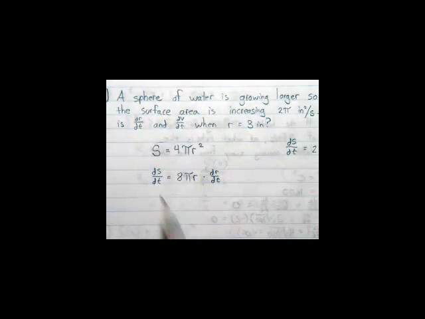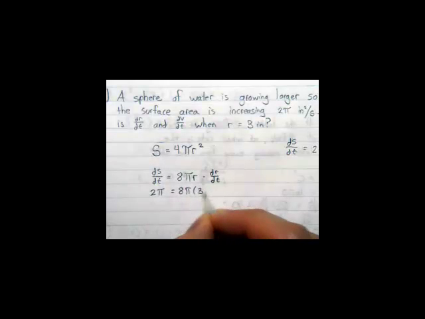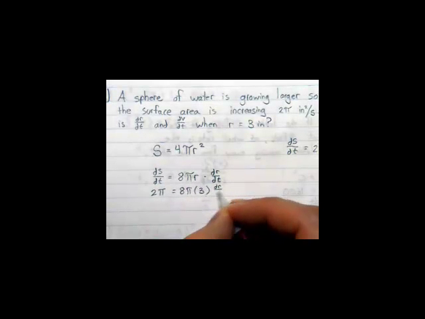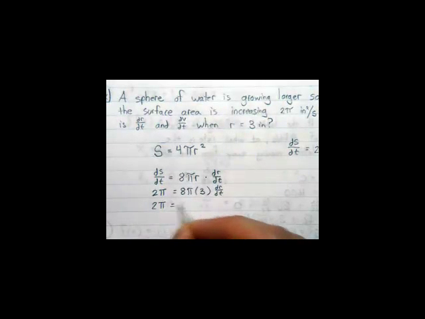All right, so see how we have a ds dt and an r? We're looking for dr dt. We got it. We can plug in and do it. So ds dt, 2 pi, equals 8 pi, r is 3, dr dt. All right, so we got 2 pi equals 24 pi dr dt.